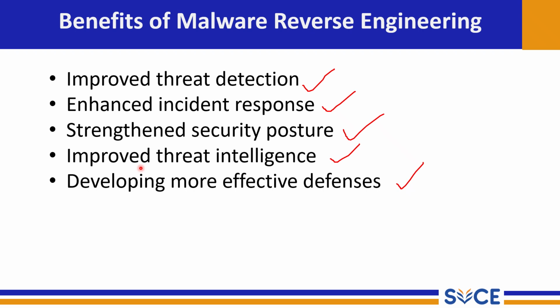Sharing information about malware variants helps the broader cybersecurity community to proactively defend against emerging threats. And next one, developing more effective defenses. Reverse engineering allows for the creation of more robust and tailored defense mechanisms. Okay, so these are the benefits of malware reverse engineering.